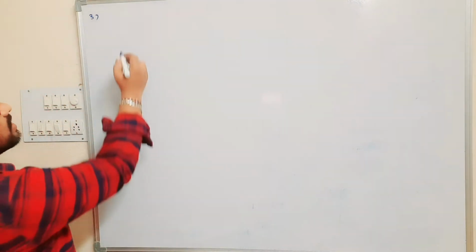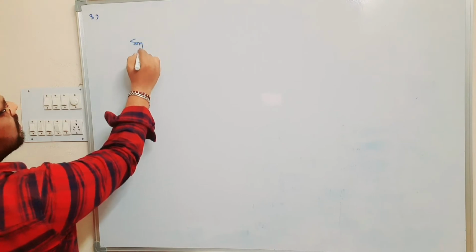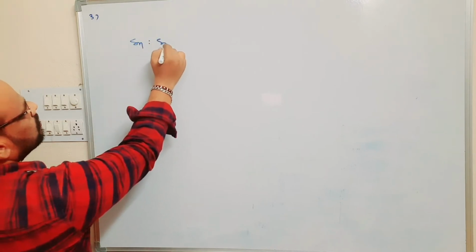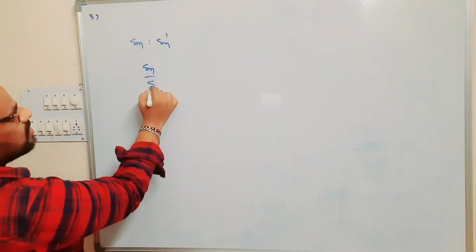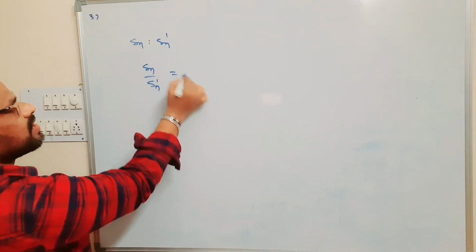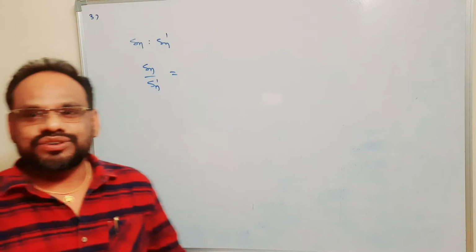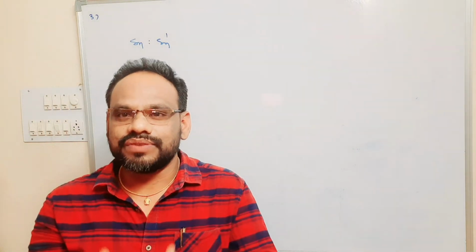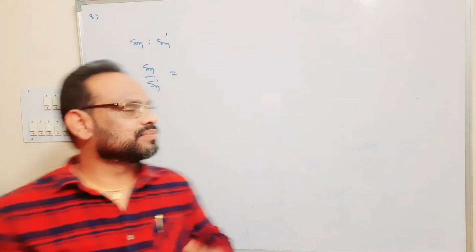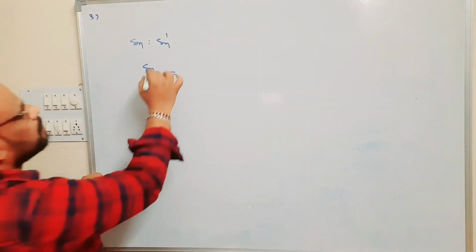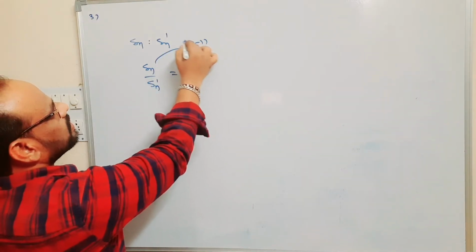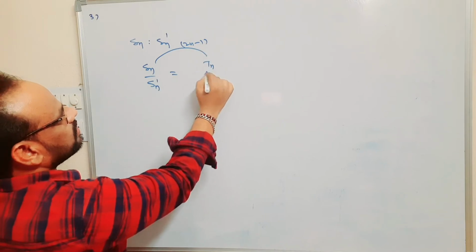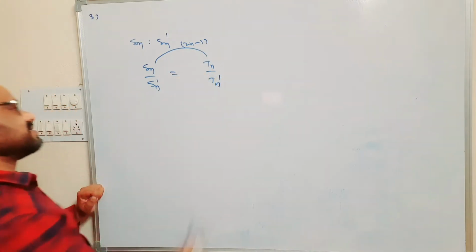That means if Sn by Sn dash is given, then we want the ratio of their nth terms. The ratio of nth terms may be obtained by replacing n with 2n minus 1. We get Tn by Tn dash.